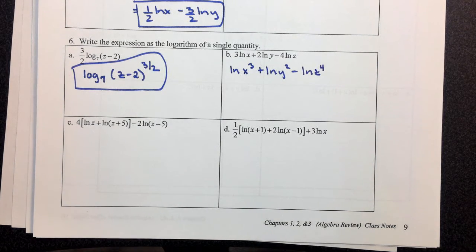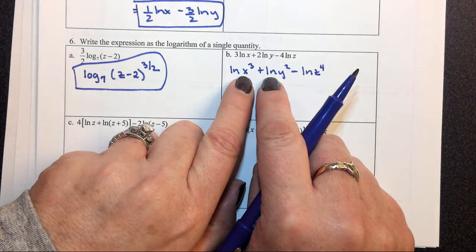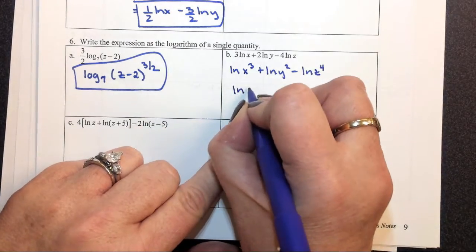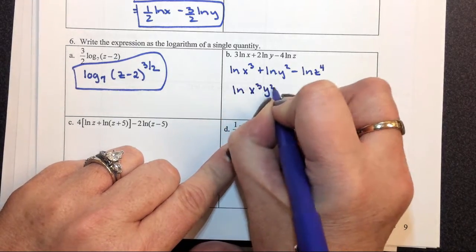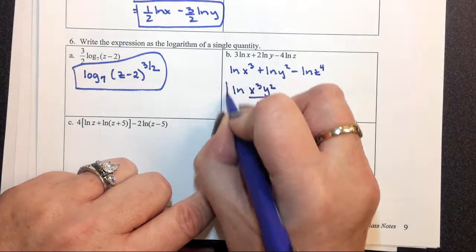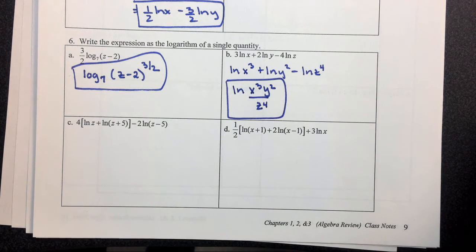Now you just work left to right, start condensing left to right. Again, I can condense natural log of x to the third plus natural log of y squared through multiplication. And then I can divide by z to the fourth. Any questions on how you can use those properties to condense?